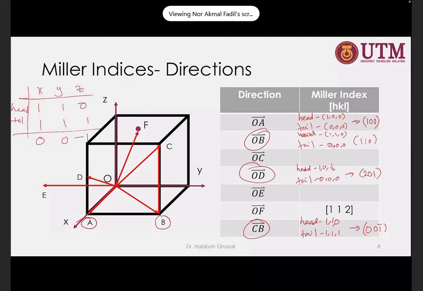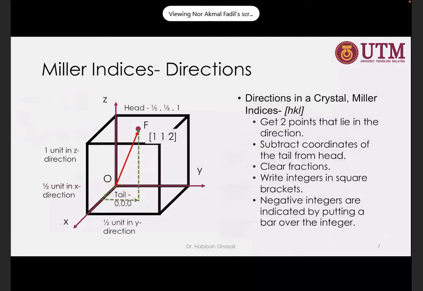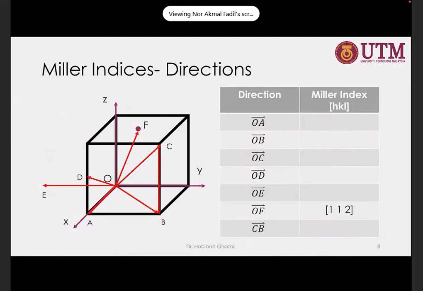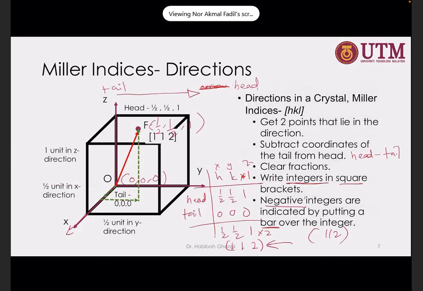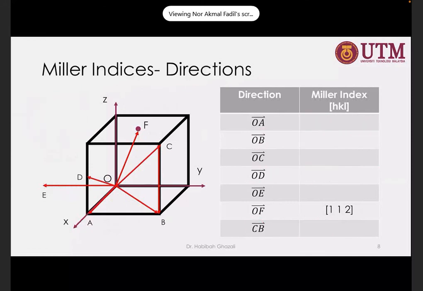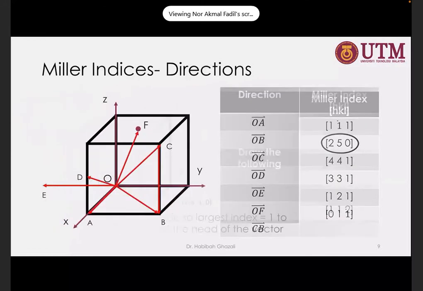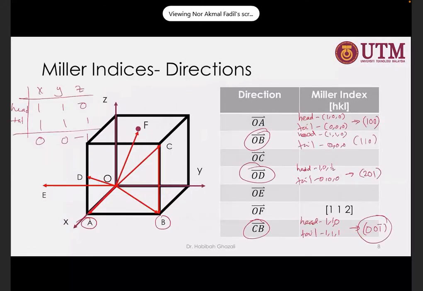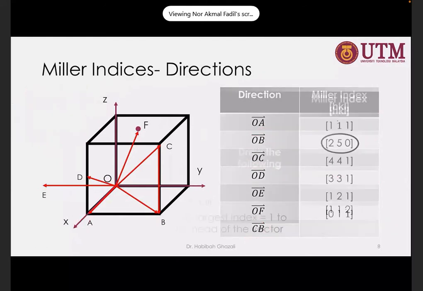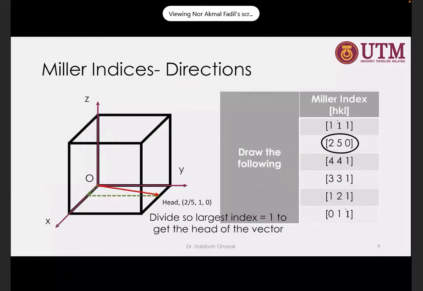So the answer is 0, 0, 1 bar. Negative integers are indicated by putting a bar over the integer, so that's the reason we got this answer. Easy, right?